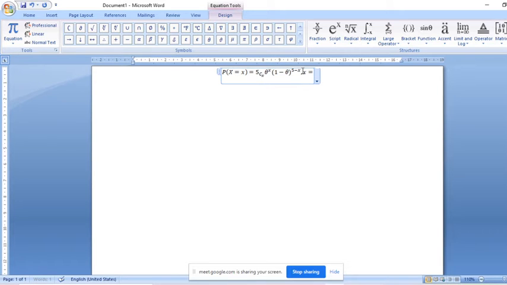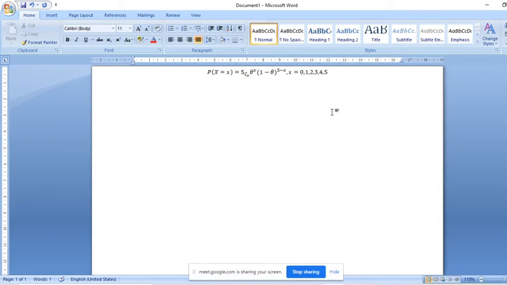X can be any number between 0 and 5: 0, 1, 2, 3, 4, 5.